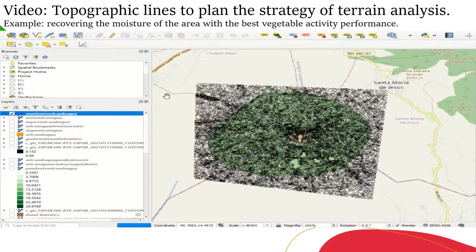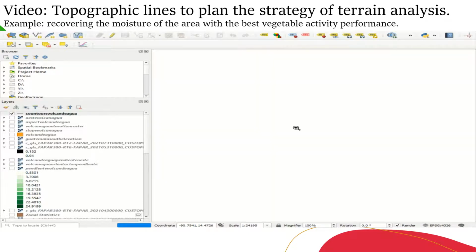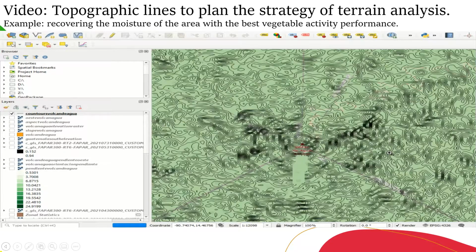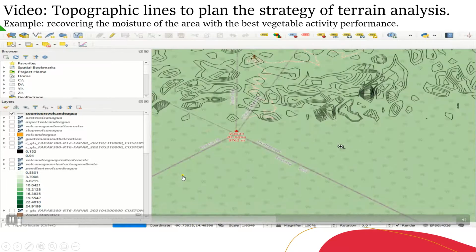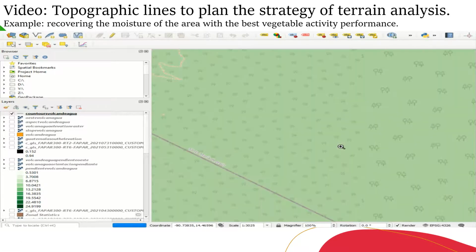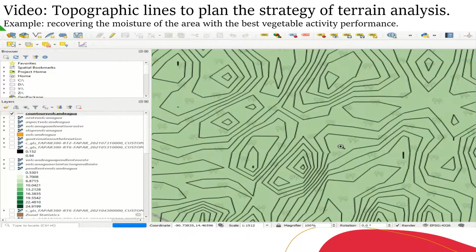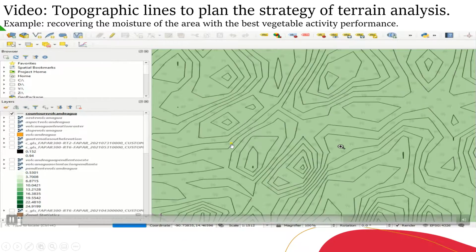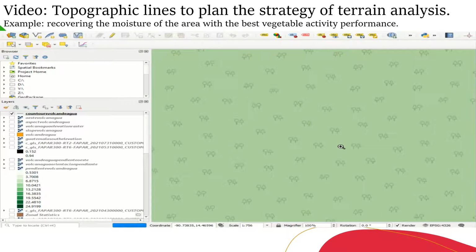Once we calculate this using the raster tool for contours, then we expand the region, and as you can see, we are going to see the labels of the several altitudes of the topography of the region that we are studying.